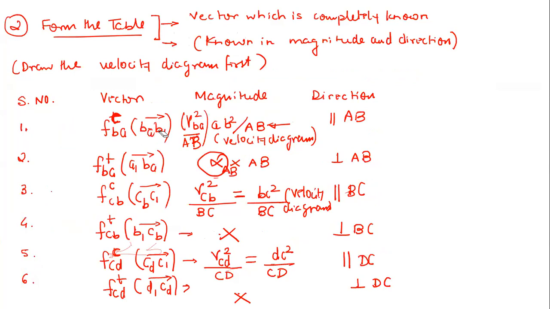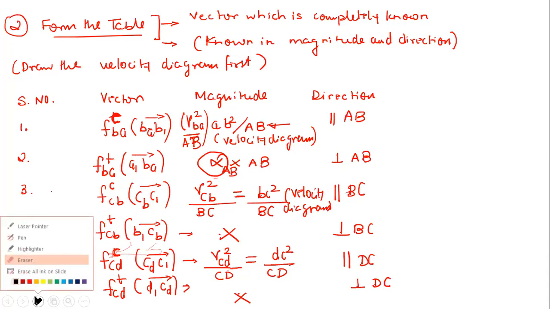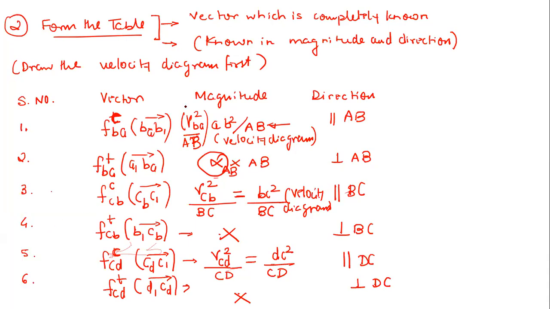So basically, here I made the mistake. Let us cross this out. The centripetal component, I denoted it by the tangential vector. Now the centripetal component will be the a1 ba vector, right?